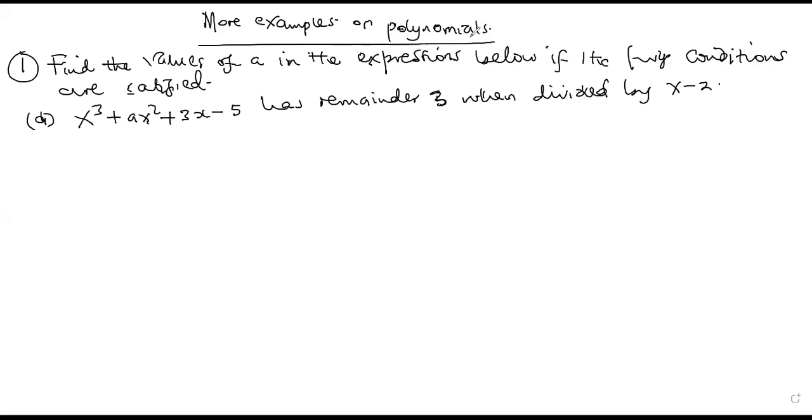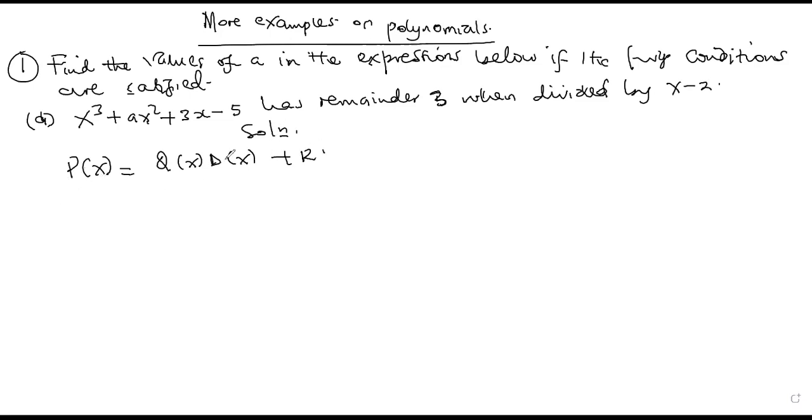For this case, from the general form of a polynomial, we are going to realize that a polynomial is given by the quotient of x times the divisor of x, we add a remainder.